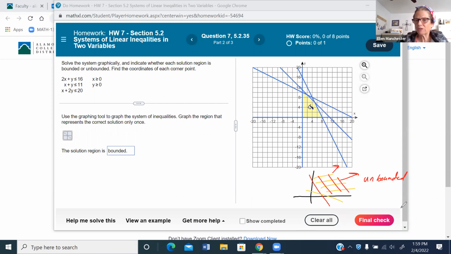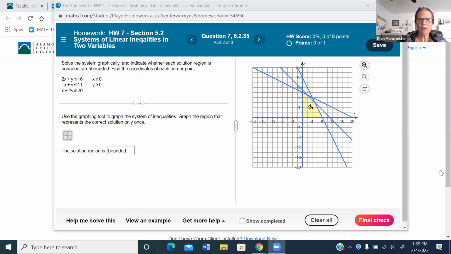That's how you know the difference. Unbounded means there's no boundaries. It's not being blocked in, if you will. It's all locked in on this problem that we just did, where the yellow feasible region is, where this one down here is just going on forever. So that's the difference between the two.